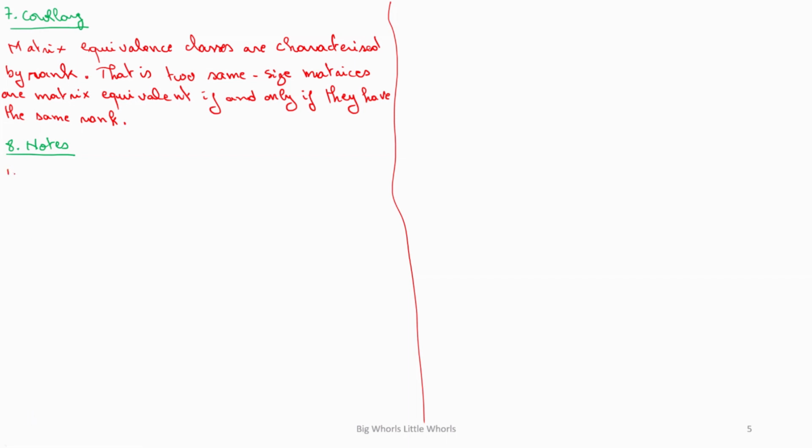Number 1: matrix equivalence is a generalization of row equivalence.